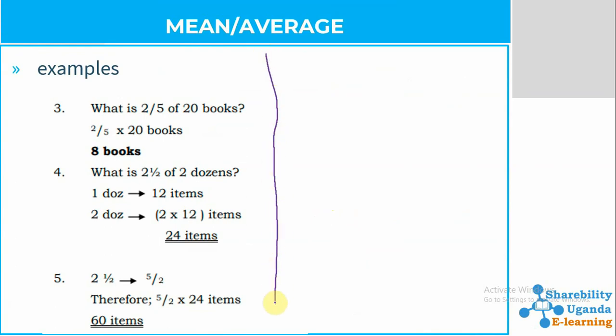In another example, they sometimes bring a word problem, and they want you to understand whether this is part of multiplication. So look at this example here. We are saying what is 2 out of 5 of 20 books.